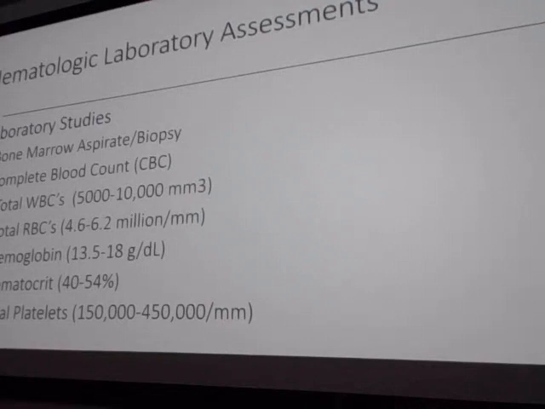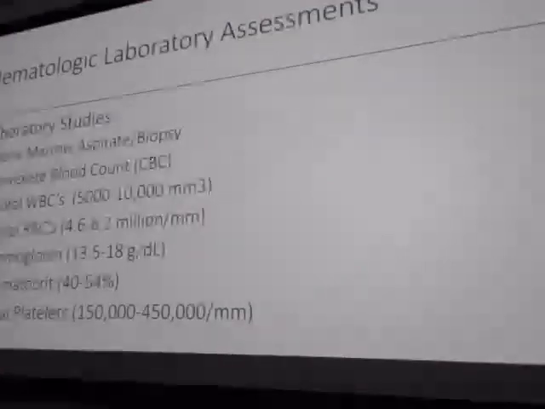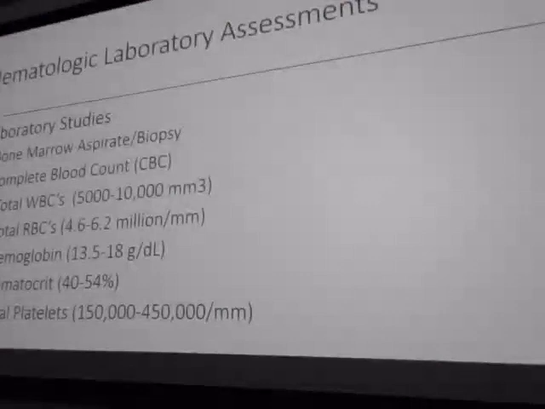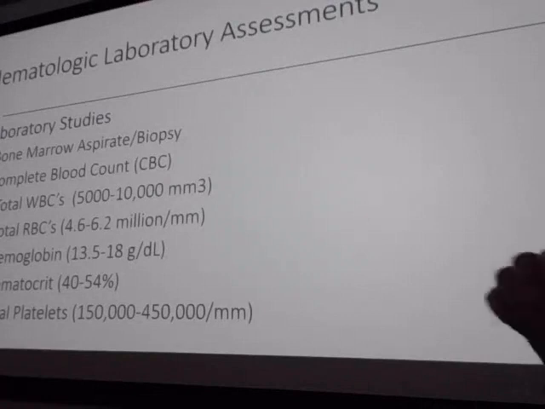Aplastic anemia occurs because of the bone marrow's inability to make red blood cells. And leukopenia is a failure of the bone marrow to produce white blood cells. All right, let's keep going.